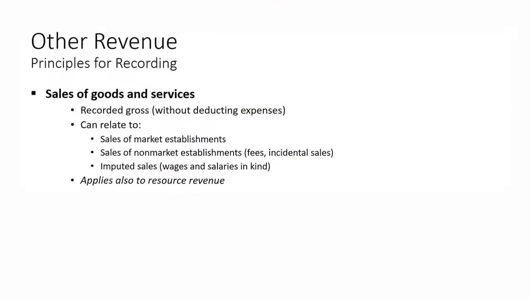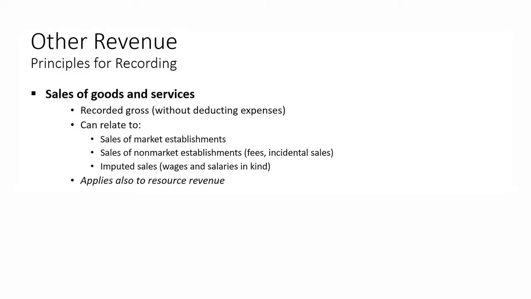Then we have other revenues, sales of goods and services, please record this gross, without deducting expenses. They can be related to sales of market establishments, for instance, sales of non-market establishments like fees or incidental sales, or being imputed sales, wages and salaries in kind, for instance.